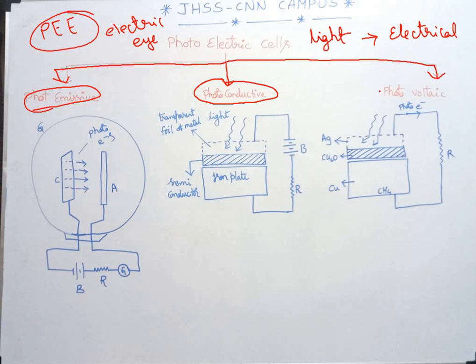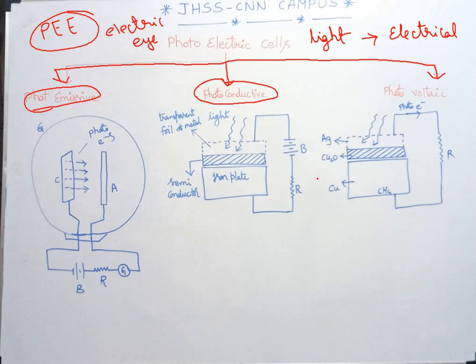Now let's start with photovoltaic. Before starting this, I want to ask you a simple question which you might have noticed, provided you are following the topic properly. Have you noticed the figure properly here? Look at the figure. First observe all the three: photoemissive, photoconductive, photovoltaic.